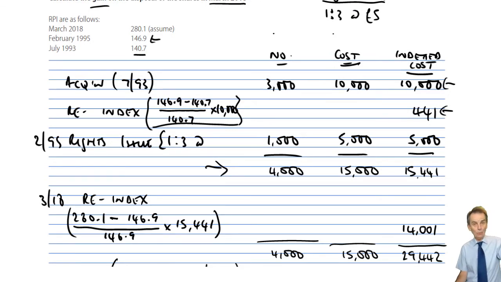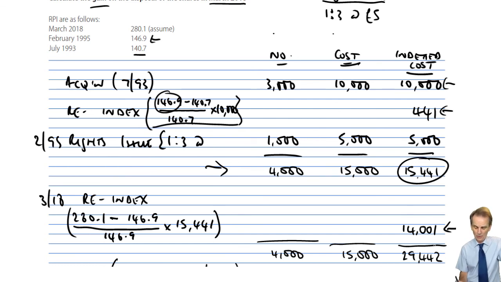So all being well, when you've worked out your re-indexation, updating to March 18, where it's 280.1, from the last time you re-indexed, back in February 95, where you brought up that index column with the RPI factor of 146.9. Indexing from there through to date of disposal, times the total on your index cost column, 15,441, is hopefully 14,001.